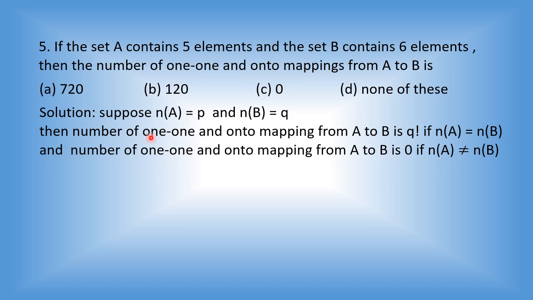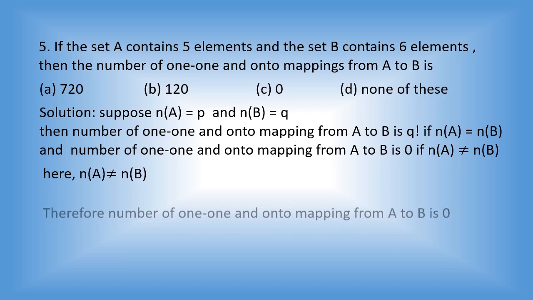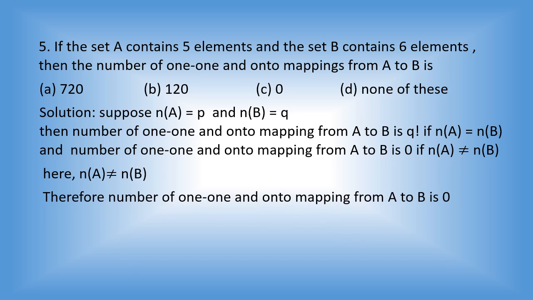Then the number of 1-1 and onto mappings from A to B is Q factorial if n of A is equal to n of B. And the number of 1-1 and onto mappings from A to B is 0, there is no mapping, if n of A is not equal to n of B. So clearly n of A is not equal to n of B. Therefore, there is no 1-1 and onto mapping from A to B here. Therefore, the answer is 0. That is option C.